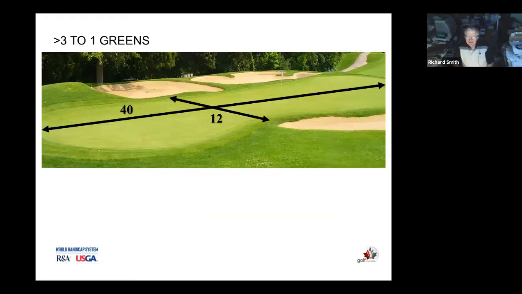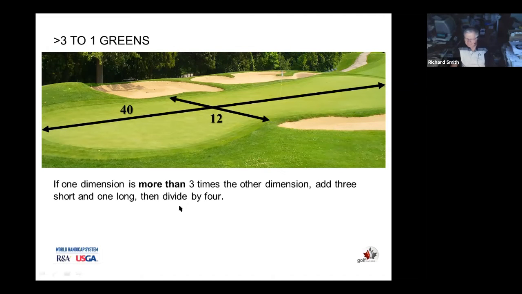Then the next category is the ones where one dimension is more than 3 times the other. This one would be that kind. Then you would take 3 of the short ones and 1 long and divide by 4.